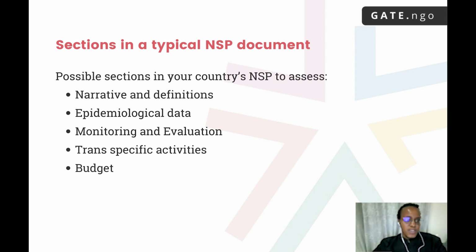And there'll also be sections on epidemiological data. This is usually population studies, size estimates, and that kind of thing. When looking at NSPs, we can also find a monitoring and evaluation framework, a plan of some kind that's included in the NSP. And we also find activities that an NSP plans to undertake, as well as a budget.